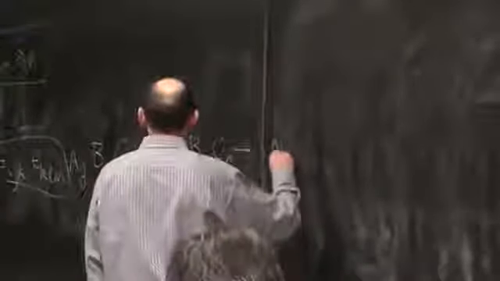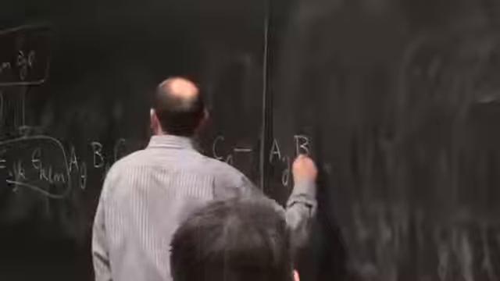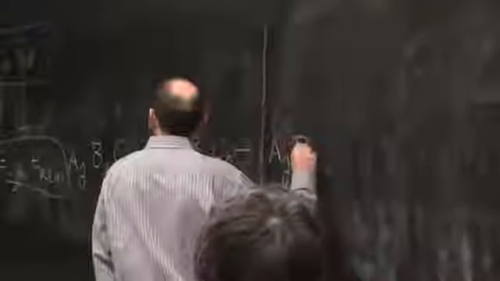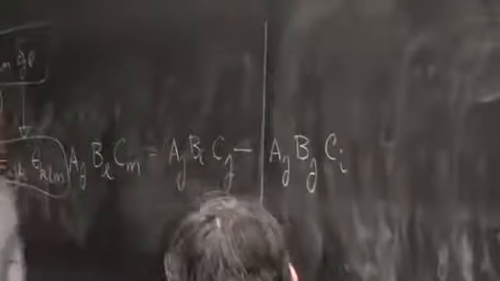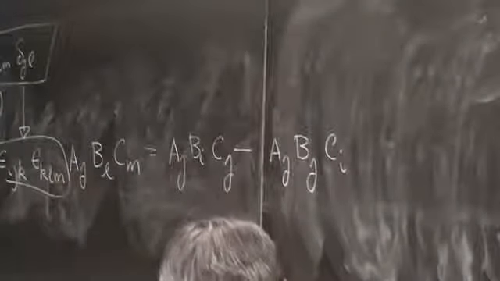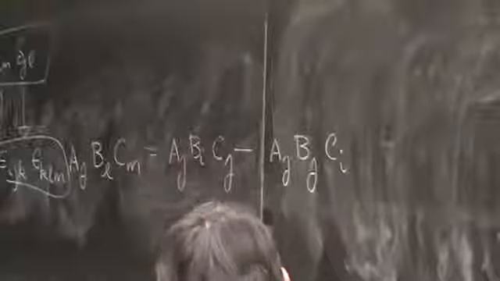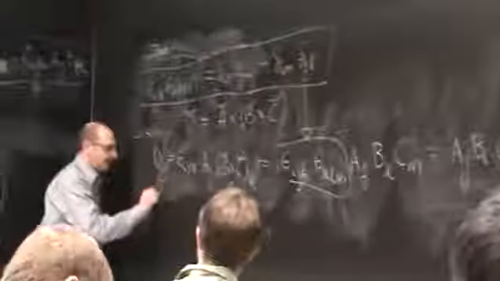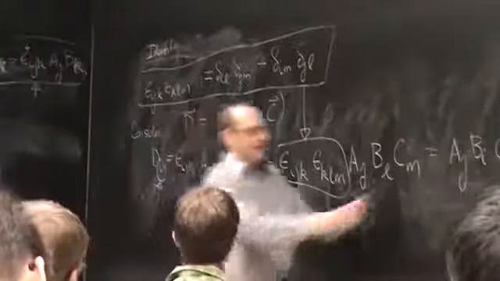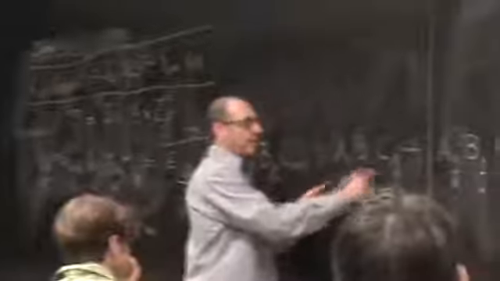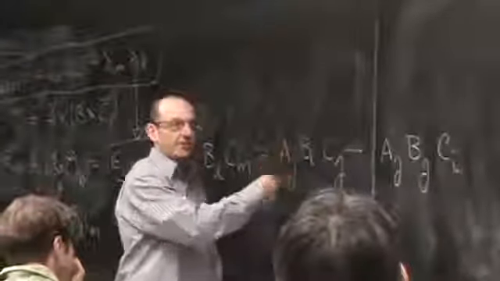So I have a_j, b_l becomes b_j, and c_m becomes c_i. Check. The left-hand side, the fixed index is i. Here, I sum over j, dummy, and i is fixed. So it's all good.